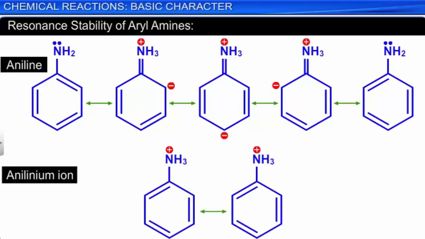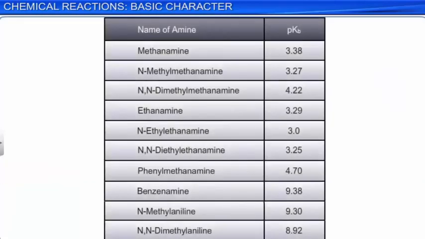You know that greater the number of resonance structures, greater is the stability. Thus, aniline is more stable than the anilinium ion. Hence, the proton acceptability or basic nature of aniline or other aromatic amines would be less than ammonia.